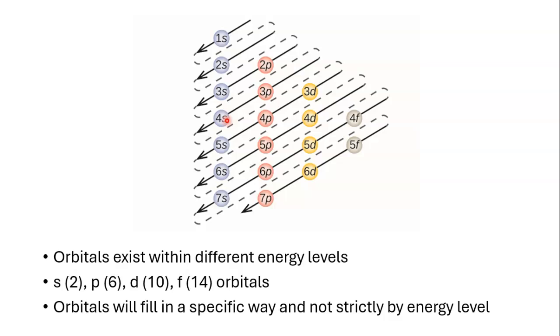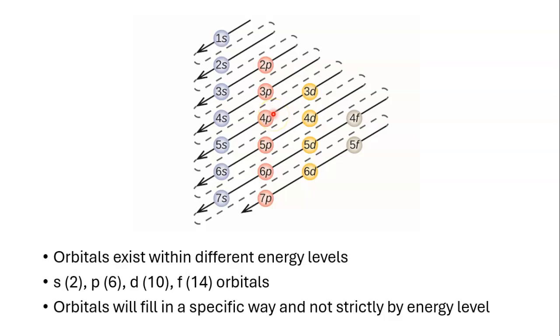As you get into elements that have more electrons, things start filling in ways that maybe you didn't predict. So for example, here we have 3p fills, and then 4s fills, and then that d orbital, 3d, starts to fill, and then 4p.